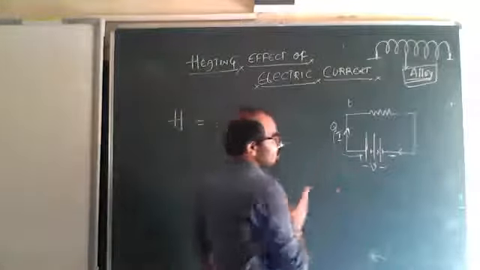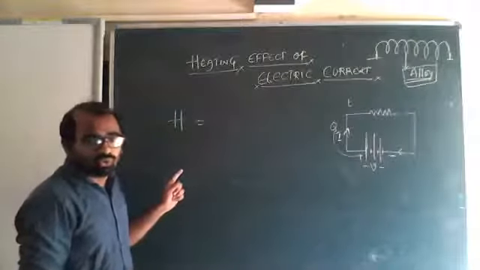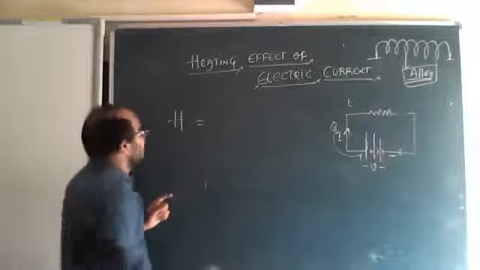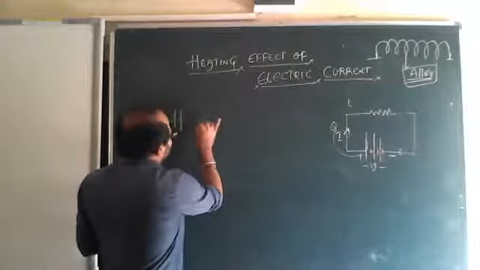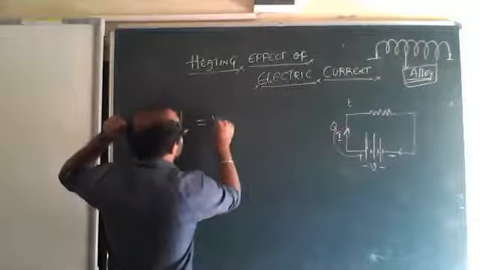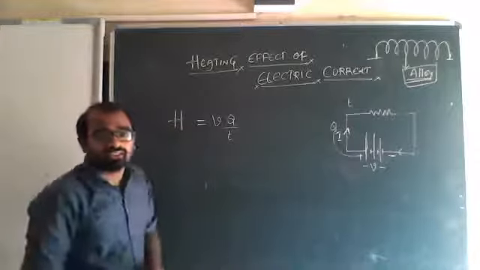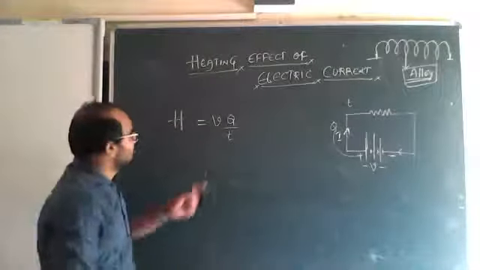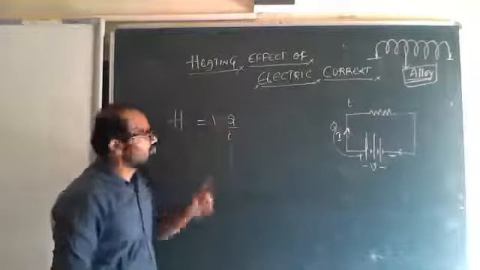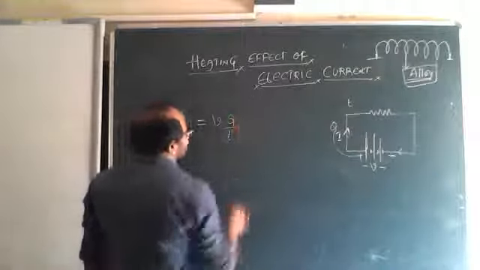So how can we say H is equal to VQ by T, isn't it? If you see, H is equal to VQ by T, but Q by T is what?